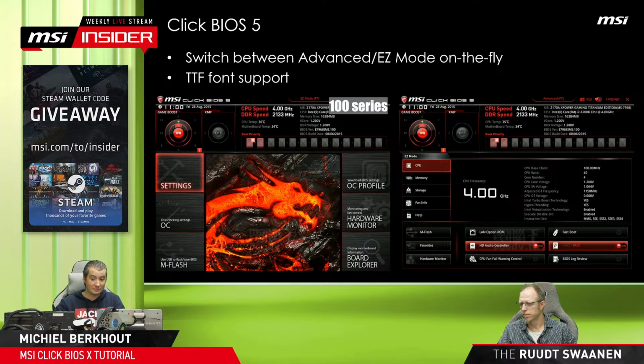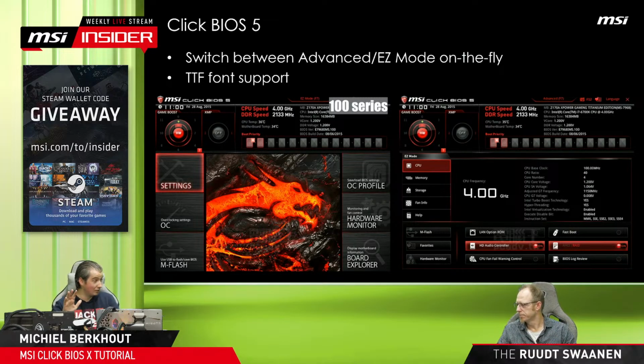Click BIOS 5, so one thing we introduced there was switching between easy mode and advanced mode. I know this is a very much appreciated feature by a lot of users because a lot of people are scared of the BIOS. It can be overwhelming when you first open it, and there are so many options in the earlier versions, especially the text one, because everything is in there.